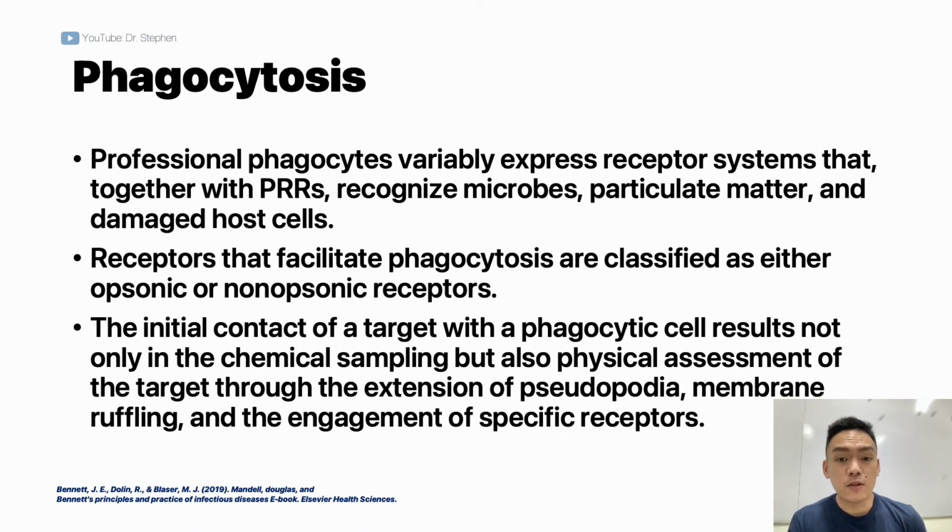Professional phagocytes also variably express receptor systems that, together with the PRRs, recognize microbes, particulate matter, and damaged host cells. Receptors that facilitate your phagocytosis are classified as either opsonic or non-opsonic receptors. They initially contact a target with the phagocytic cells, resulting not only in chemical sampling but also physical assessment of the target through pseudopodia, membrane ruffling, and engagement of specific receptors.